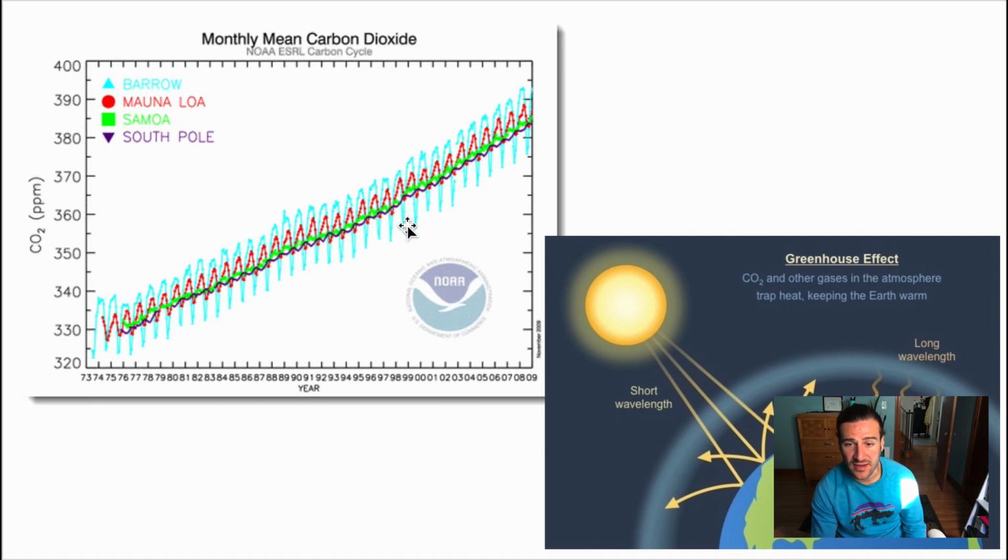And the peaks are going to be when plants are least active, when they're not soaking up or sequestering carbon dioxide. The interplay between these patterns with the actual greenhouse effect is quite apparent. The more greenhouse gases that insulate our planet, the warmer our planet is going to be.